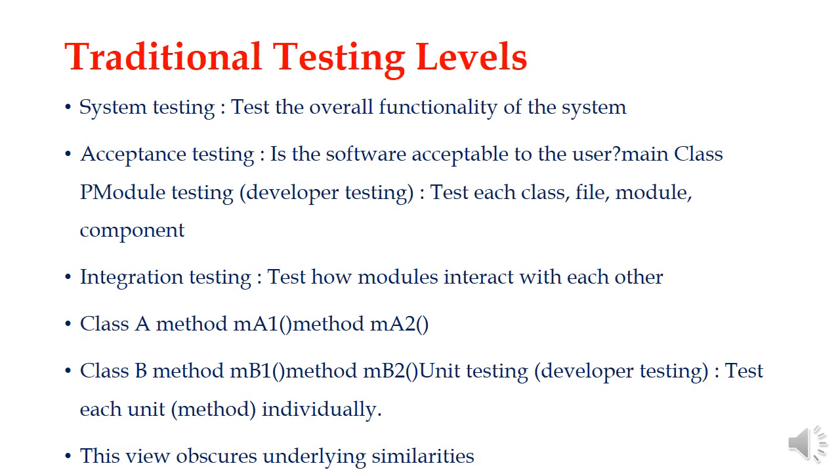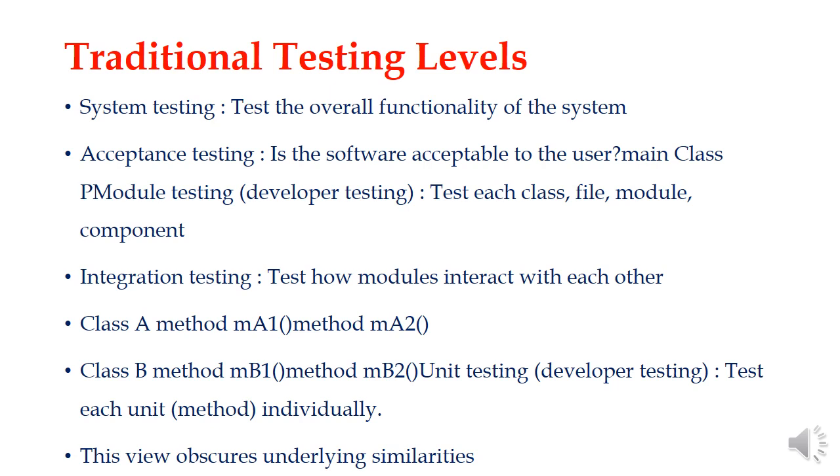Traditional testing levels include system testing, acceptance testing, integration testing, and so on. System testing tests the overall functionality of the system. Acceptance testing asks whether the software is acceptable to the user. Module testing, the main class, is called developer testing.